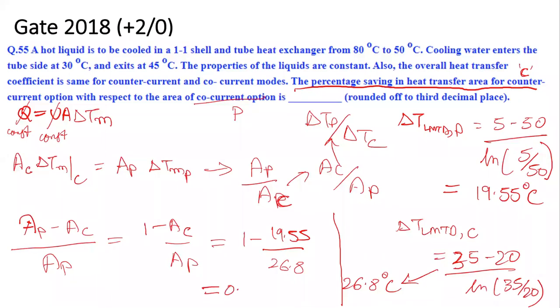So this value comes out to be 0.27 or 27%. So the answer is 27%.